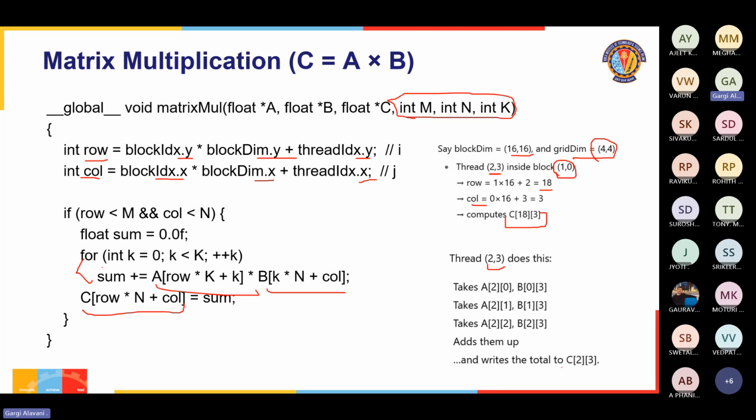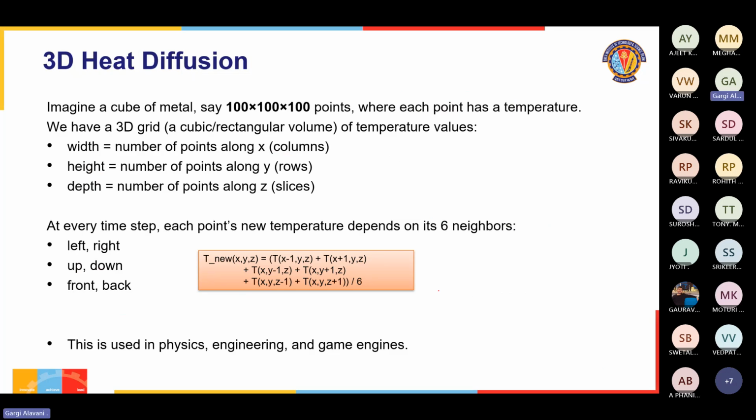So this gives, we'll write the total to C of 2,3. We can, if you want, consider a 3D example.